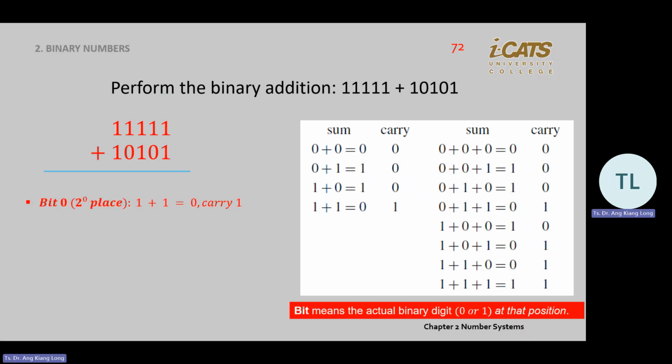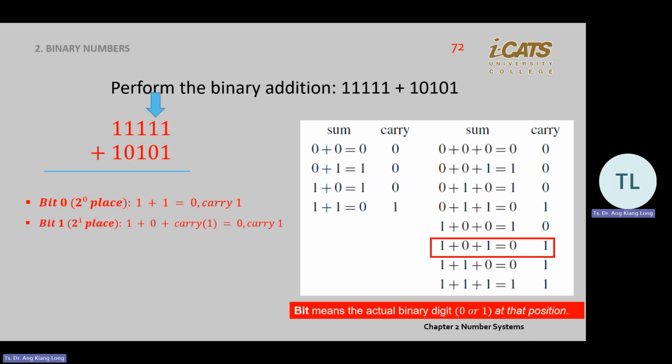Okay, so let's continue. The first one just now, 1 plus 1 is 0, but carry 1. Now you have carry 1. As long as you meet carry 1, you need to refer to another table for the next number. So the next number is 1 plus 0.